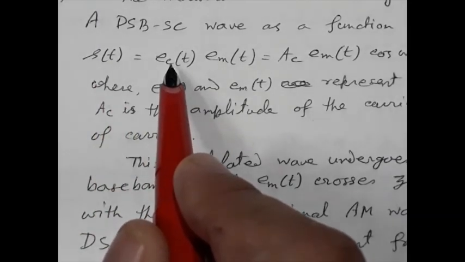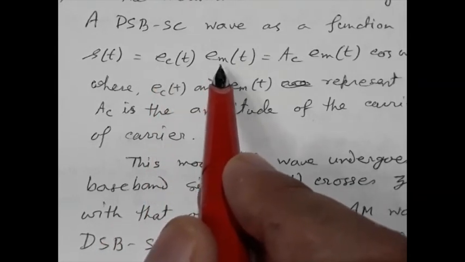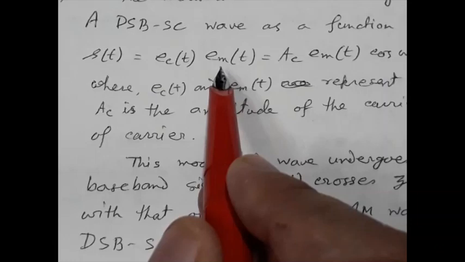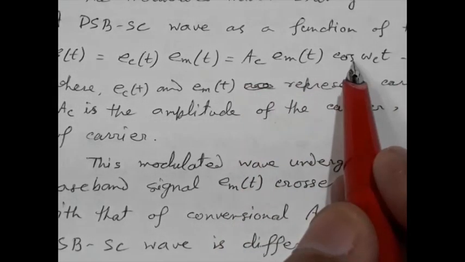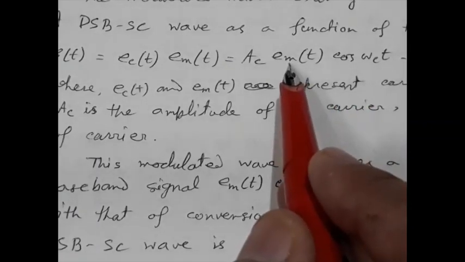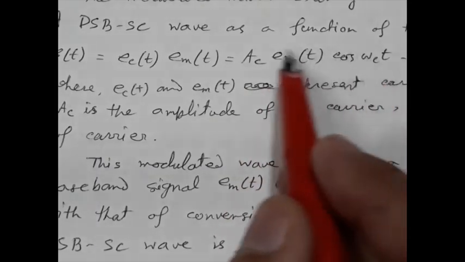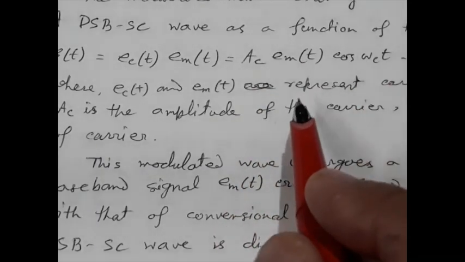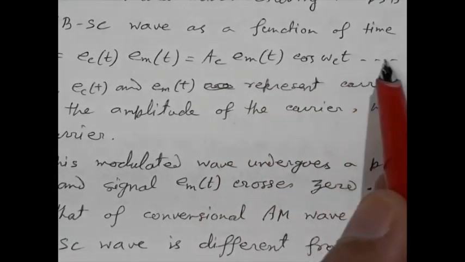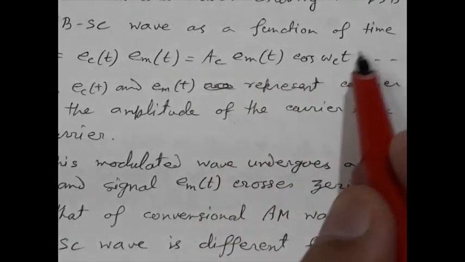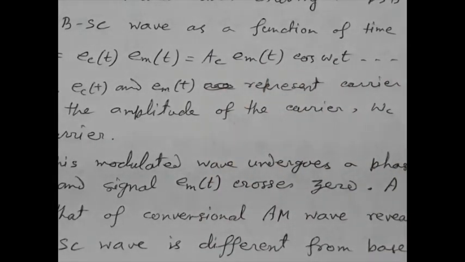So the only part that will exist is the carrier multiplied by the message signal, e_c(t) multiplied by e_m(t). Now the carrier is assumed to be sinusoidal in nature, so A_c cos(ω_c t) multiplied by e_m(t). So this will be the expression for suppressed carrier double sideband AM. Look at this expression, there is no carrier term; A_c cos(ω_c t) alone is not present here.